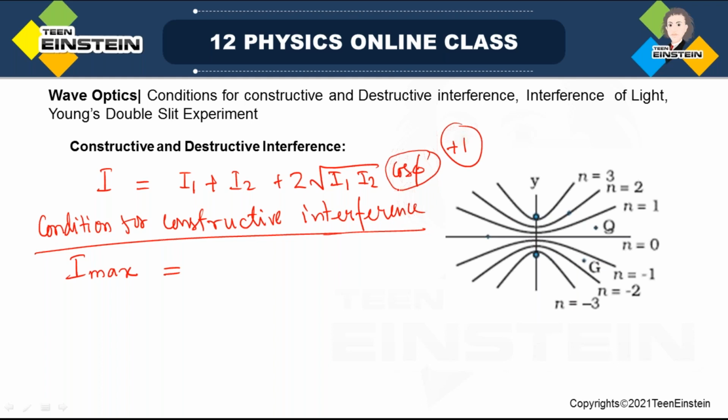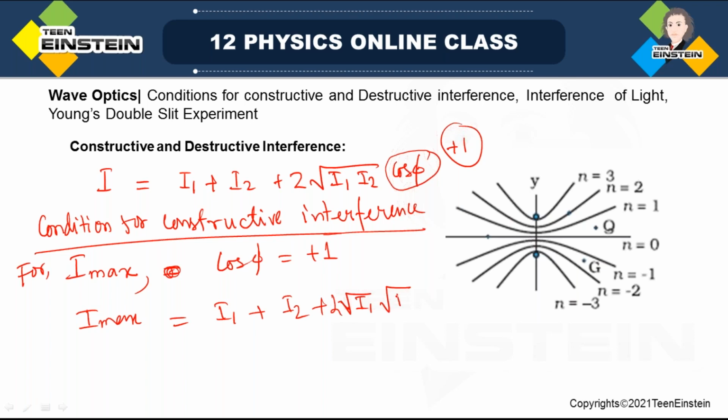So for Imax to happen, your cos phi has to be plus 1. Then what is the value of Imax? Maximum intensity is I1 plus I2 plus 2 into square root of I1 into square root of I2.